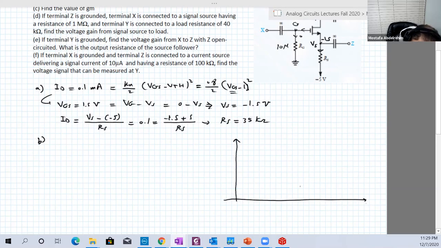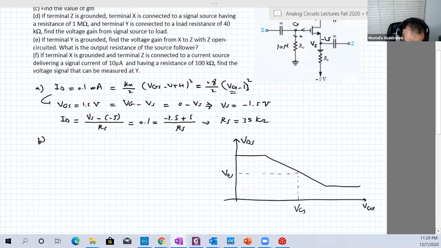We have here VGS, which is V input, and here is VDS. Okay, VGS Q, VDS Q, the Q point. But by the way, we don't know VDS here. We know VS, we know VG, but we don't know VD.